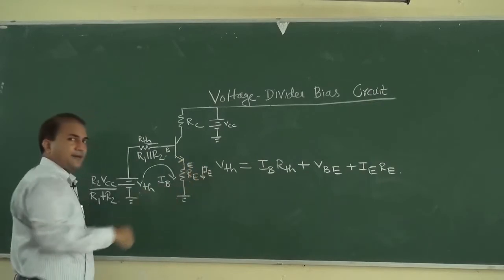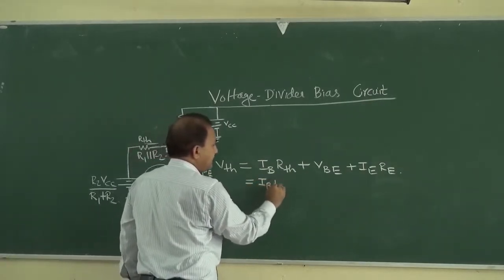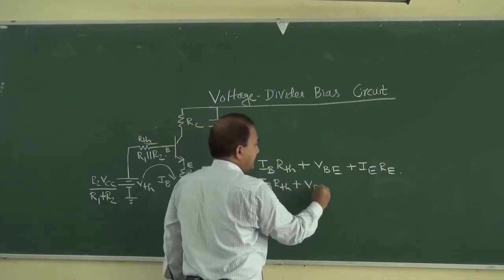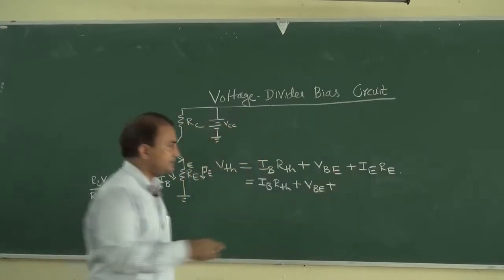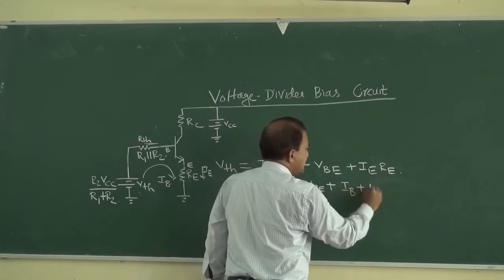So it is equal to IB RTH plus VBE plus IE RE. We can write IE is equal to IB plus IC.